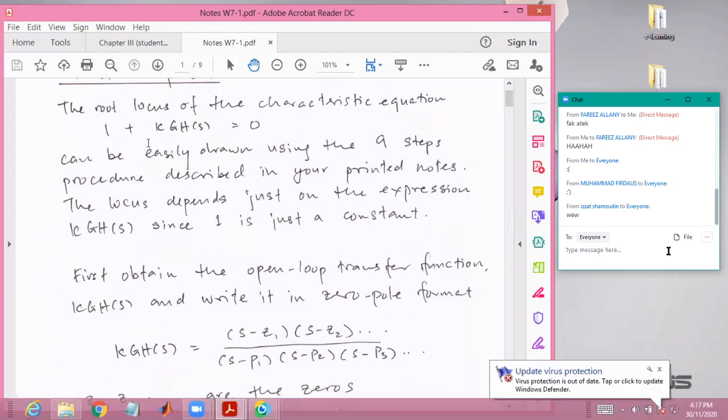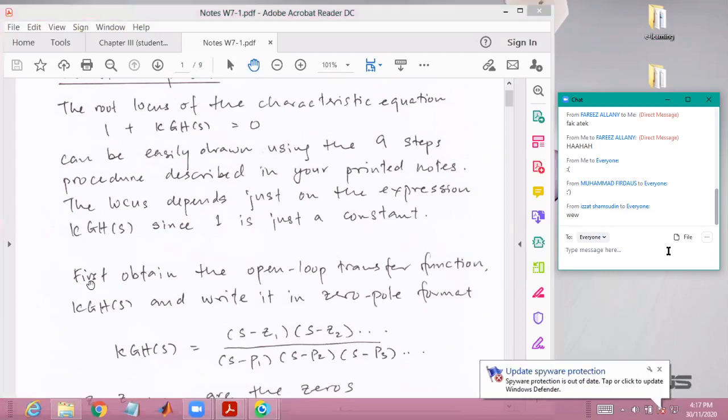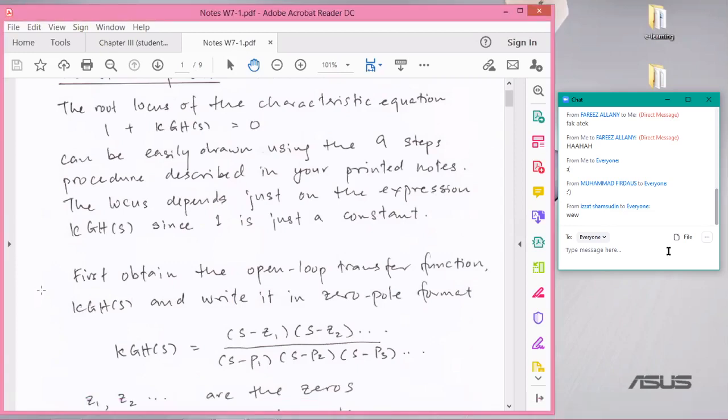One is a closed loop system, one is the open loop transfer function. Let me say that again. What we are going to be drawing is the root locus diagram of the closed loop system. Make no mistake about it.